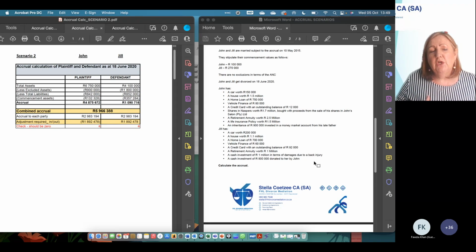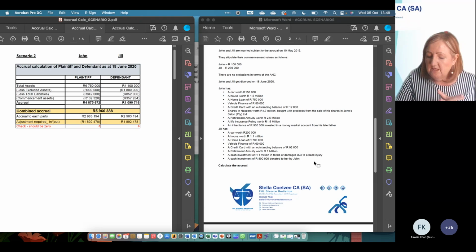For instance, don't take the bond account for January and use your credit card statement for June. Compare apples with apples. Agree with the parties on a specific date. This is the cutoff date. These are the values that we're going to use on that date.